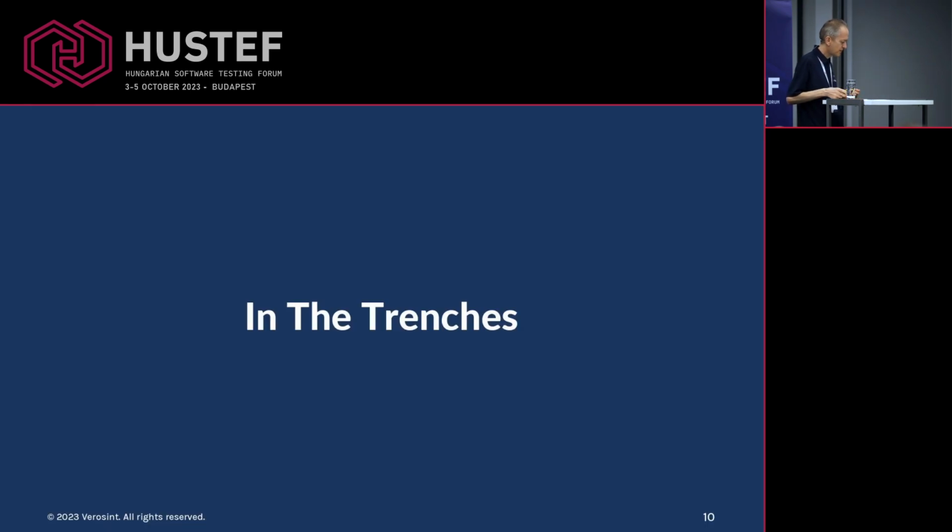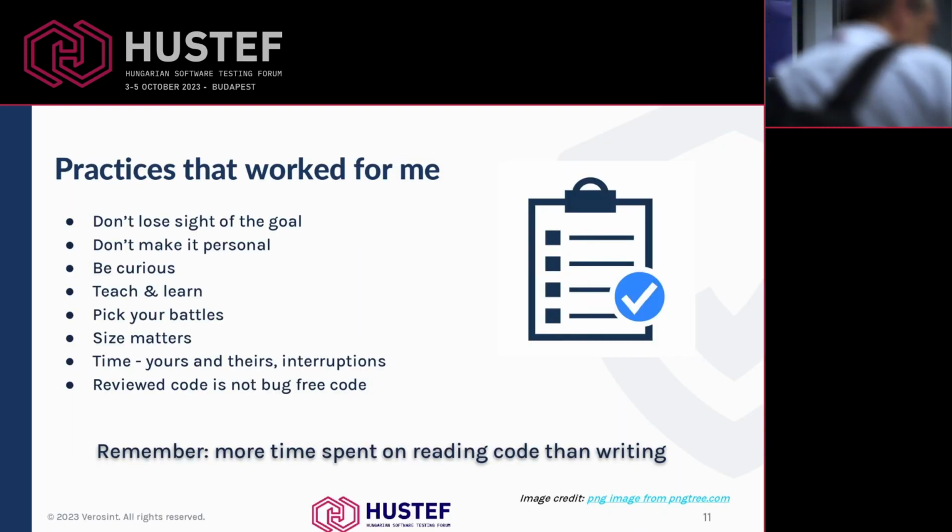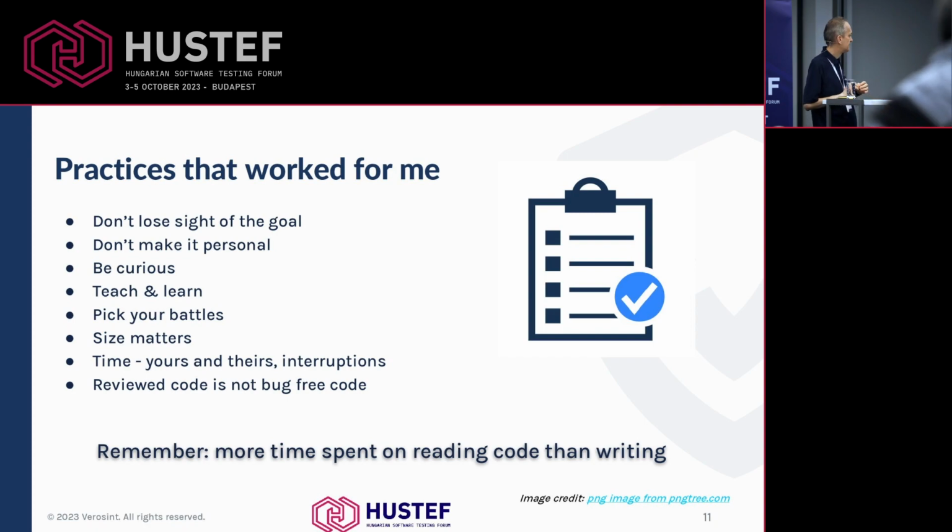So I wanted to give a few pieces of advice or tips that I've learned along the way from my own experiences through these years, that are not specific to any kind of context, but maybe help you as well. One of the big mistakes that you sometimes see in code reviews is when you accuse somebody of bad behavior.